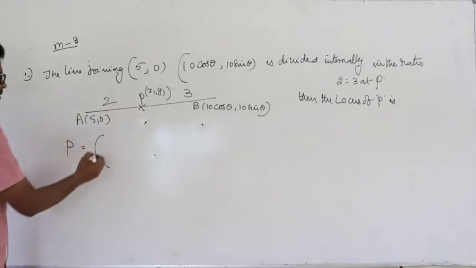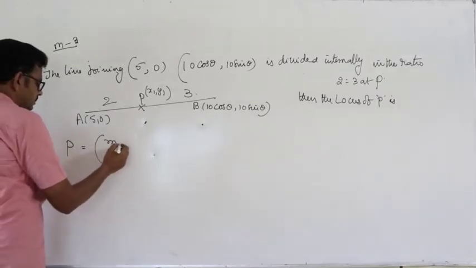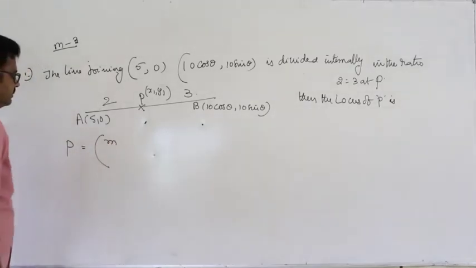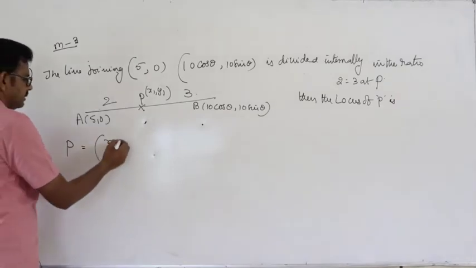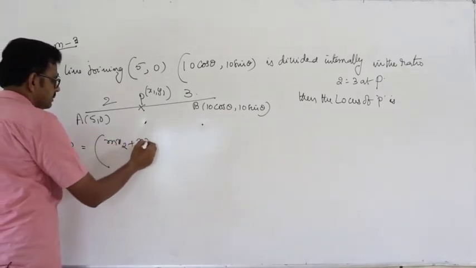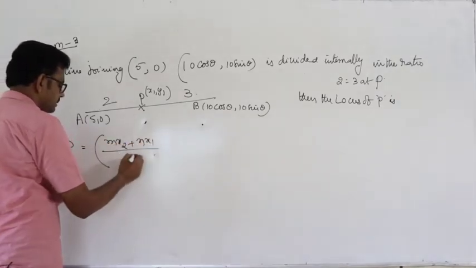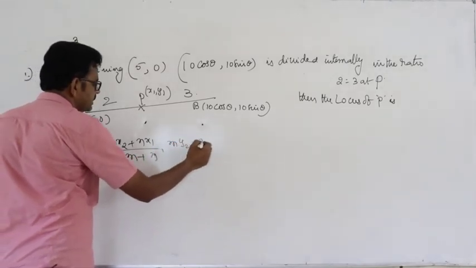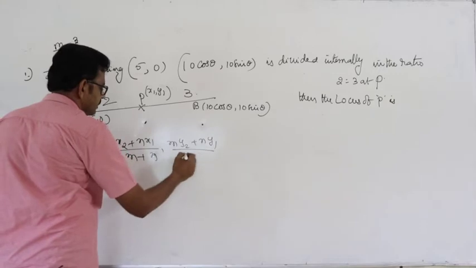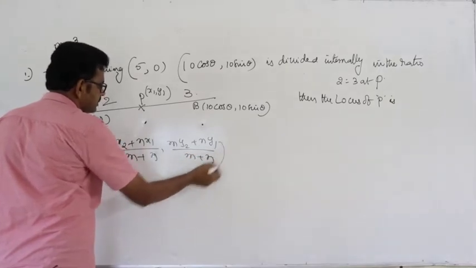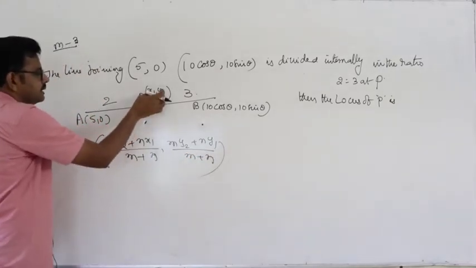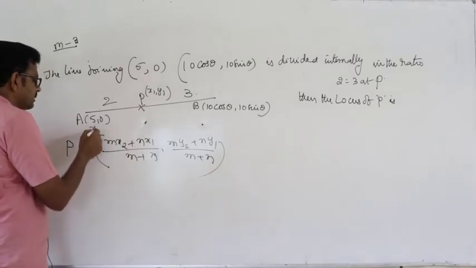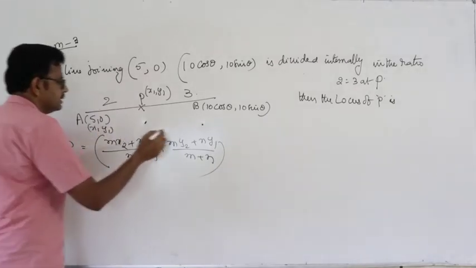Now the formula is the ratio formula: m x2 plus n x1 by m plus n, and m y2 plus n y1 by m plus n. So not x1 y1, this is different. This is x1 y1, this is x2 y2.